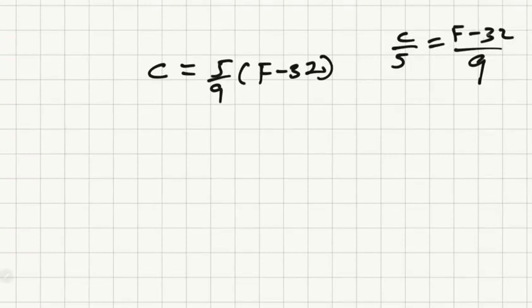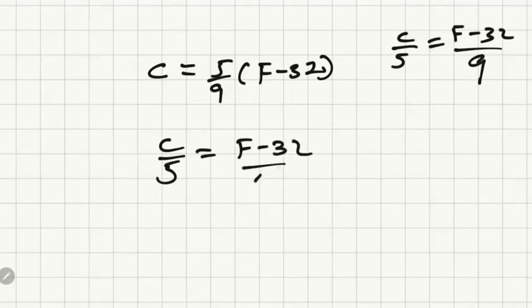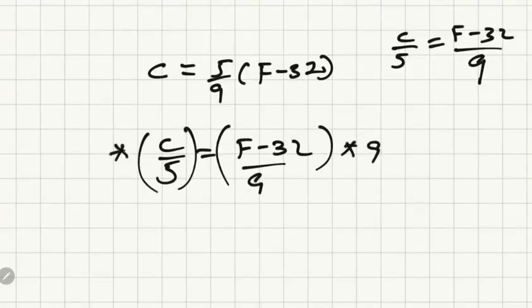Now let's find the expression for F. To get the expression for F, C over 5 is equal to F minus 32 over 9. Let's multiply both sides by 9 to get F minus 32 alone. So we have this cancelled by that.